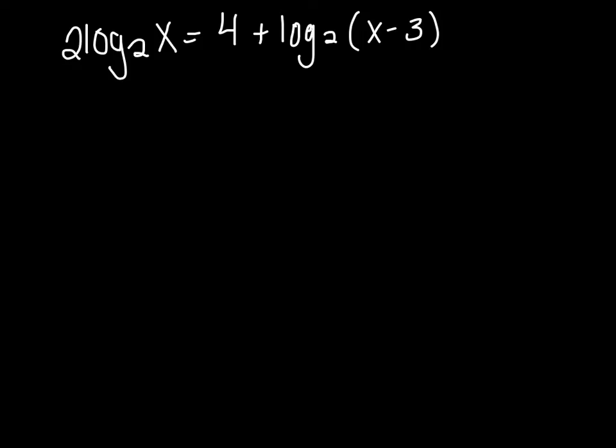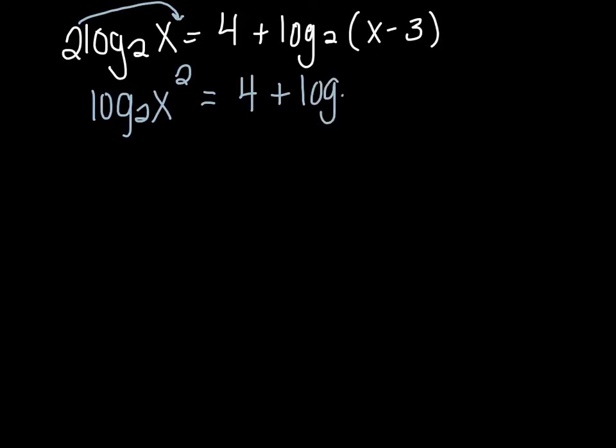Well, what happens here? Well, again, I see logs on both sides, but unfortunately that's not going to help me. So what I'm going to have to do here is make this log base 2 x squared equals 4 plus log base 2 x minus 3. Now what I'm going to do is bring this over here.